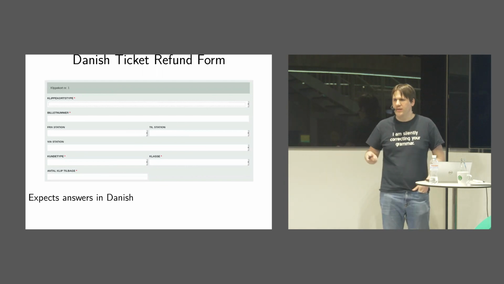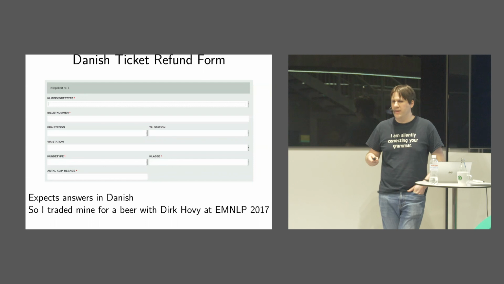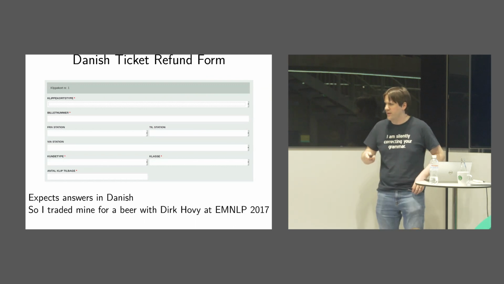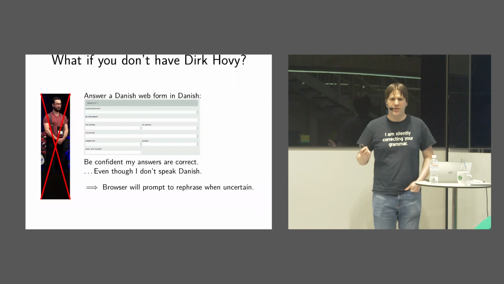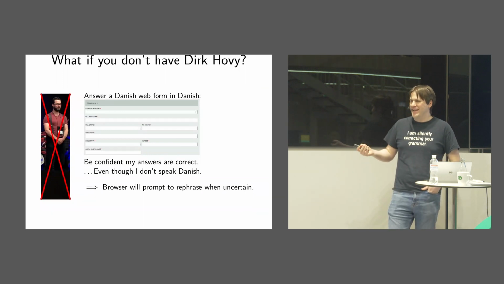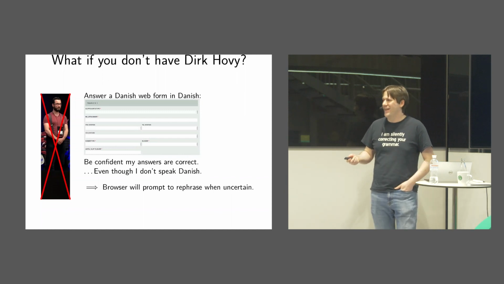And we have a project that's in a browser, so we want some feature that will help me do this. In practice, what I did was I gave the train ticket to Dirk Hovey, don't know if you know him, and he gave me a beer back, and I don't know if he actually filed for the reimbursement. But what if we don't have Dirk Hovey? Then we want some way to answer this Danish web form in Danish.